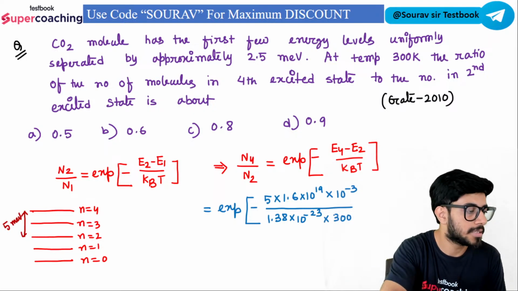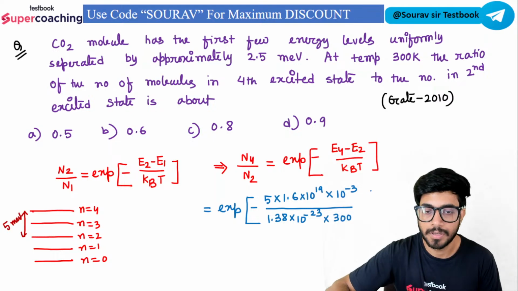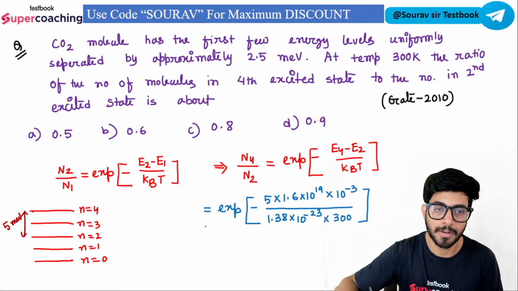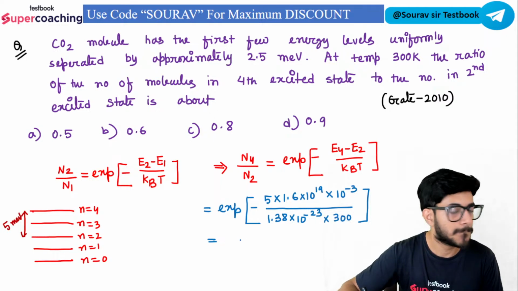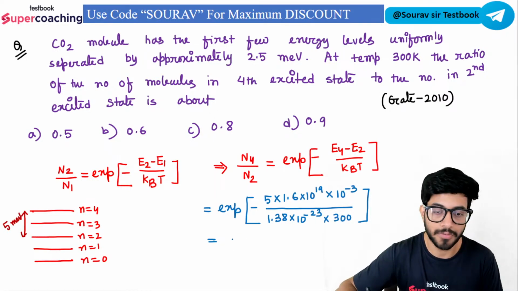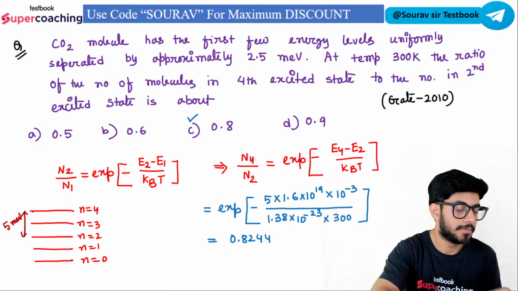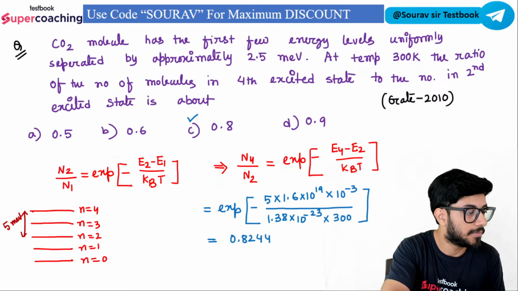Room temperature is the normal thing to assume. So the answer I'm getting from here is 0.8244. Option C is correct. Check, and if there is any difficulty, tell me.